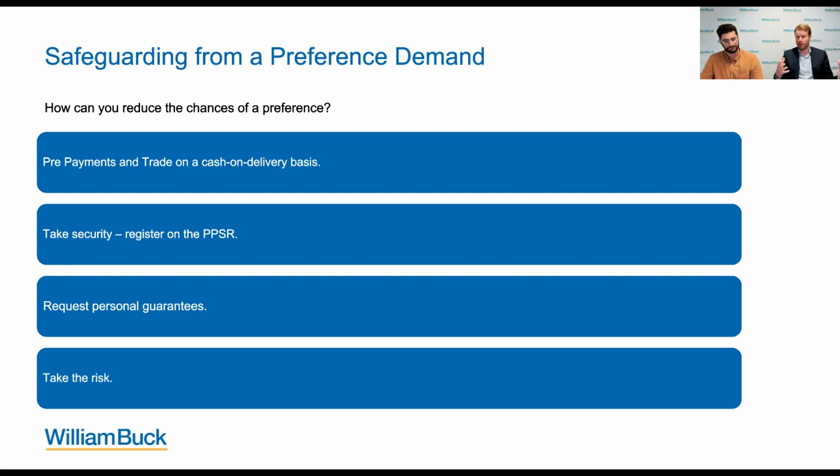If it all does fall over, the business that you're dealing with does go into liquidation, and you do ultimately receive a demand from a liquidator for a preference, there is always the opportunity to settle those claims, pay a lesser amount than you actually received based on the liquidator incurring costs, time and energy in clawing those back. So there's always the opportunity to settle those claims if it does get to that point, and hence why taking the risk can be the simplest and most straightforward option moving forward.